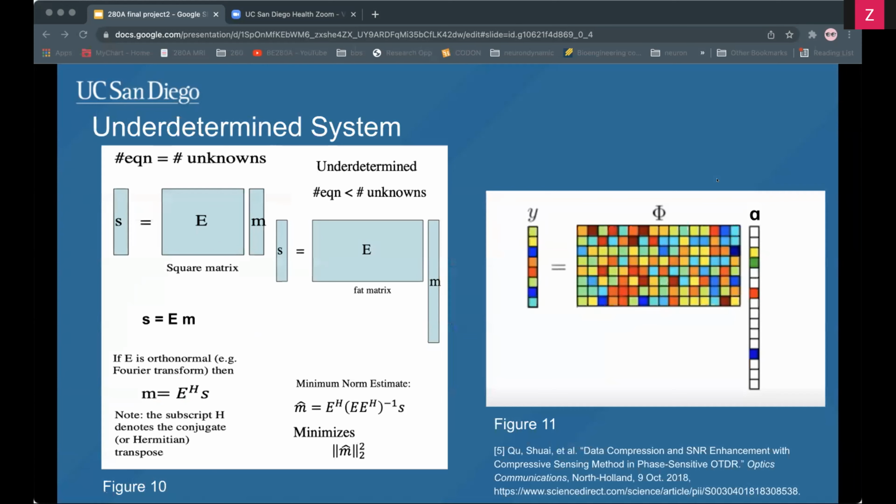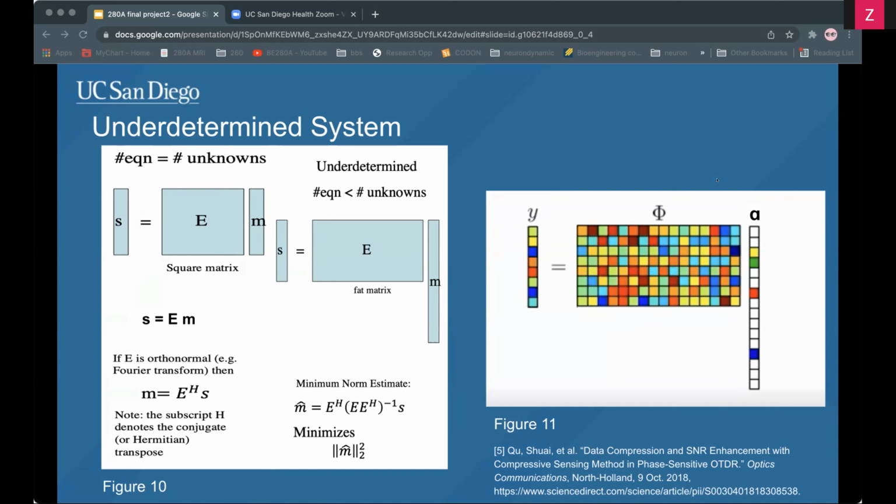After we drop off the small coefficients over the sparse transform, the next step is how we create a low dimensional structure to exploit less data than the original image, which is the step of compression. Here, figure 11 is the process of compression. The basic idea of compression is related to the underdetermined system.